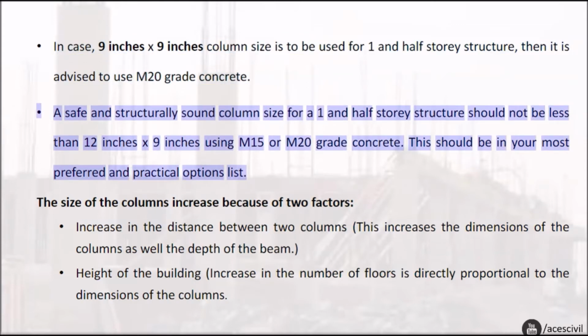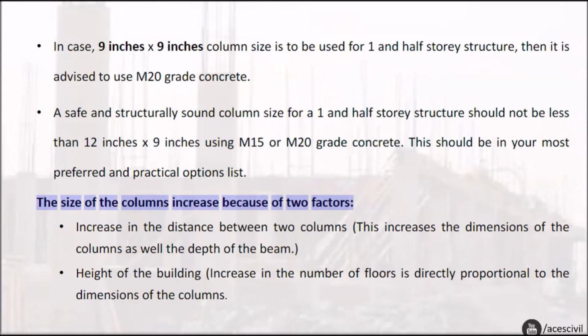A safe and structurally sound column size for a 1.5-story structure should not be less than 12 inches x 9 inches using M15 or M20 grade concrete. This should be in your most preferred and practical options list.